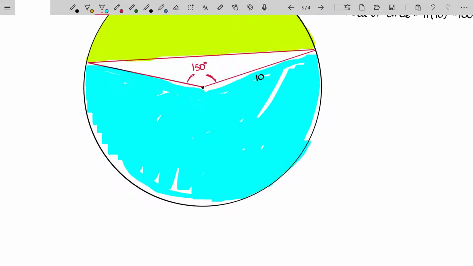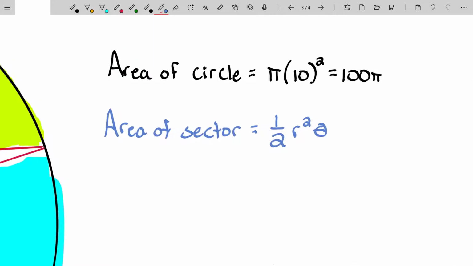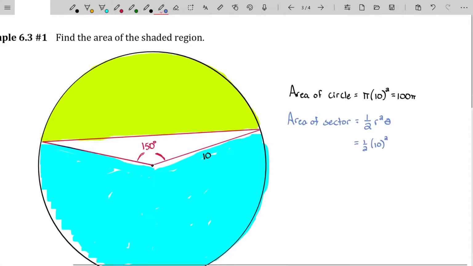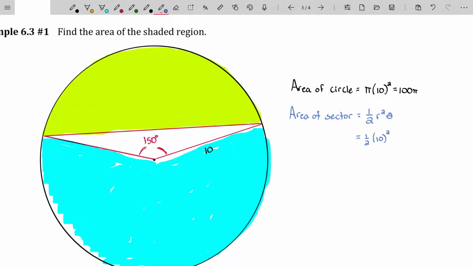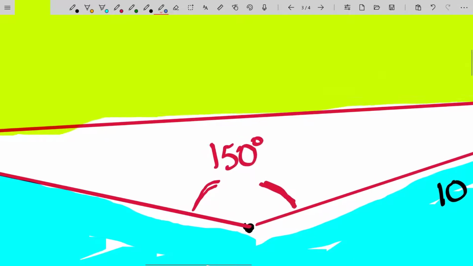So let me write that formula down. I'm just having too much fun shading, honestly. But here we go. All right, so the area of blue is 1/2 r squared times the angle, again in radians, not in degrees. Well, we do know that r squared is 10 squared, and we just need to know what that angle is in radians. Well, 150 degrees was taken by this big opening angle here.